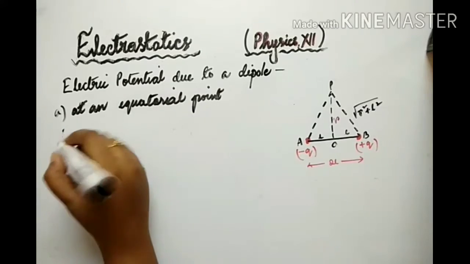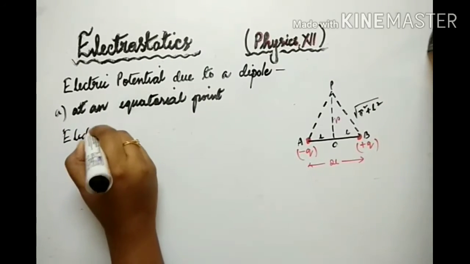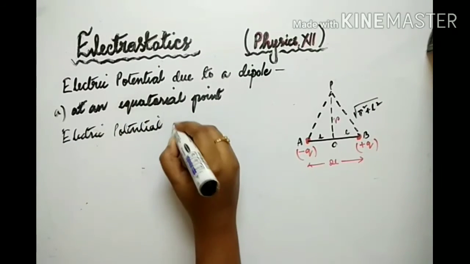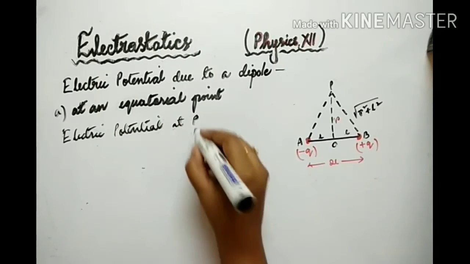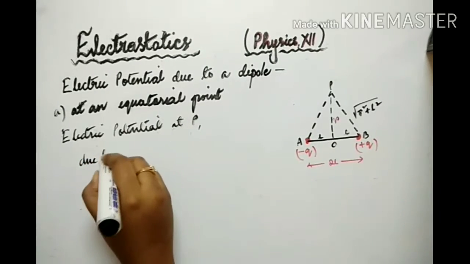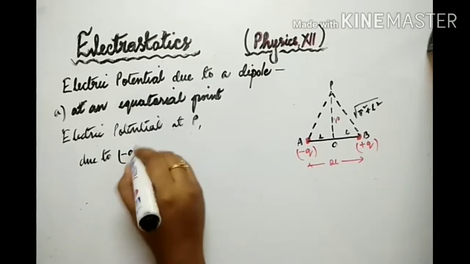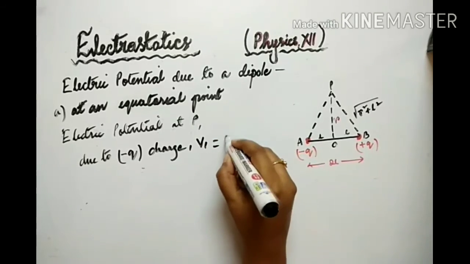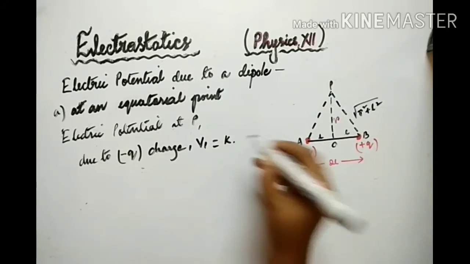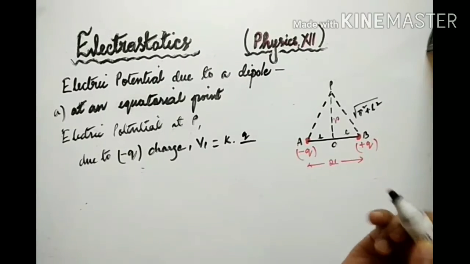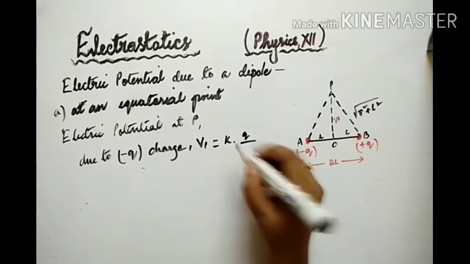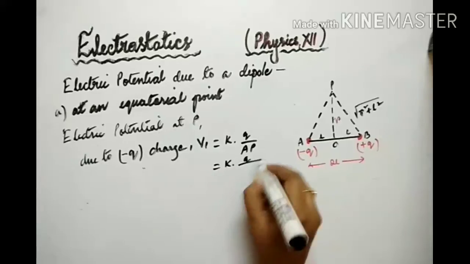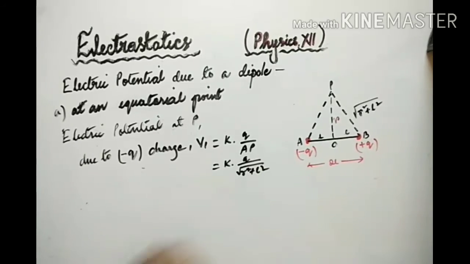Now electric potential at P due to minus Q charge can be written as V1 equals, we are writing 1 by 4 pi epsilon naught as K, Q by distance. The distance in this case is AP, so root over R square plus L square.